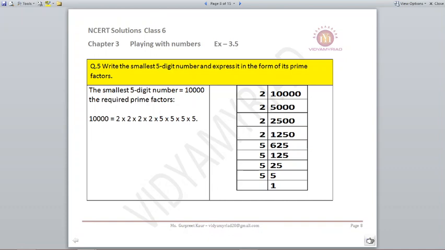You will first start with 2, then 3, then 5, 7. Okay, after 7 it will go on 11, then 13, like that. Only prime numbers you are going to see whether it is divisible or not, and you will keep dividing till you get 1 at the end. So the prime factors of 10,000 is 2 into 2 into 2 into 2, 5 into 5 into 5 into 5.